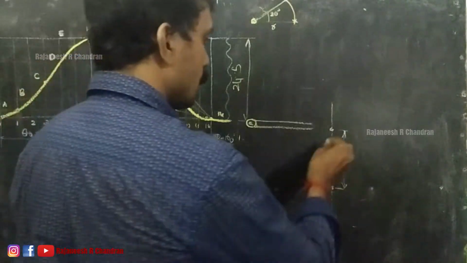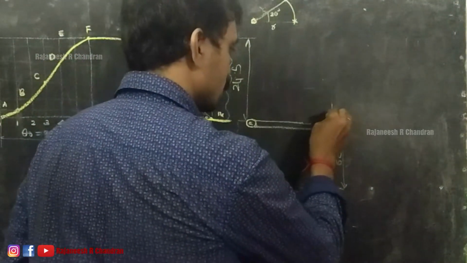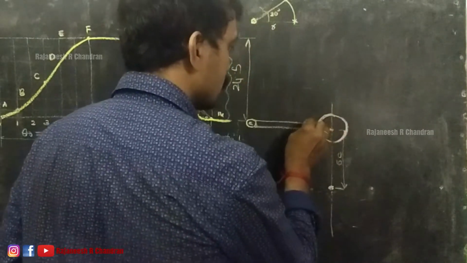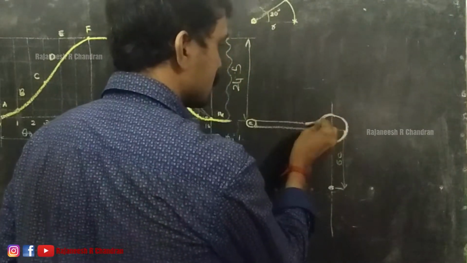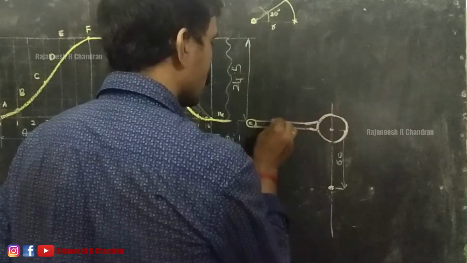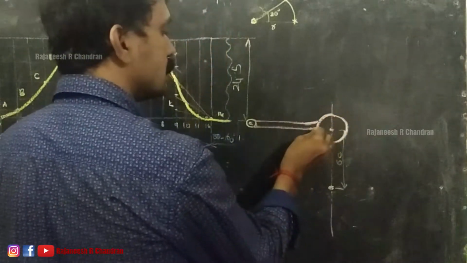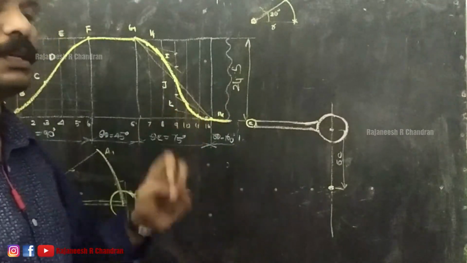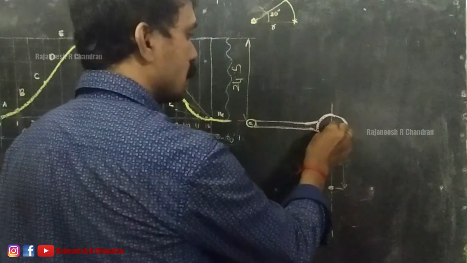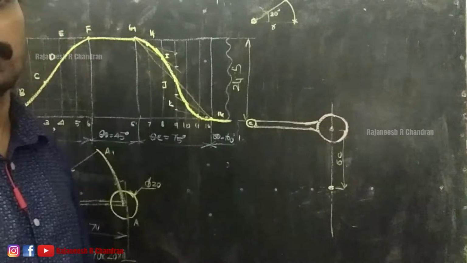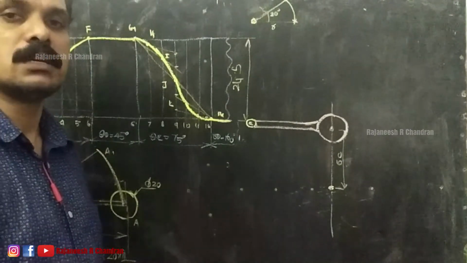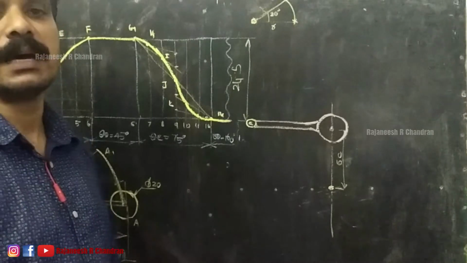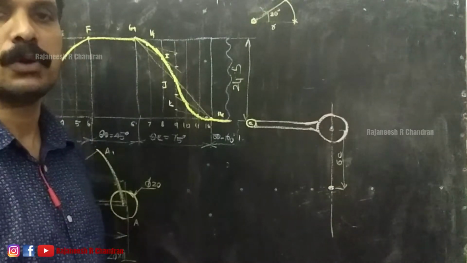So at this point, draw a roller of radius 10, so that this is our oscillating follower. So we have obtained the initial position of the oscillating roller follower.